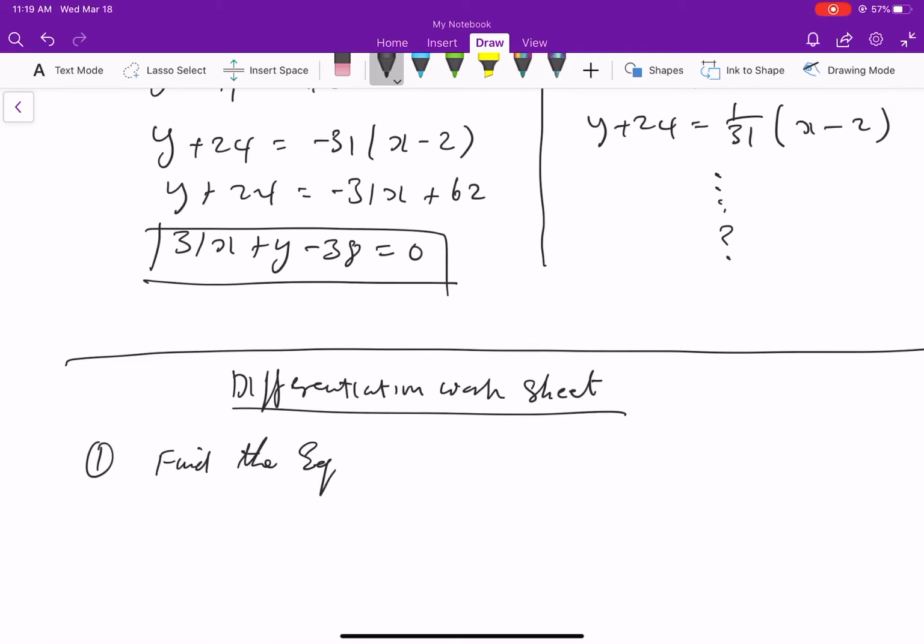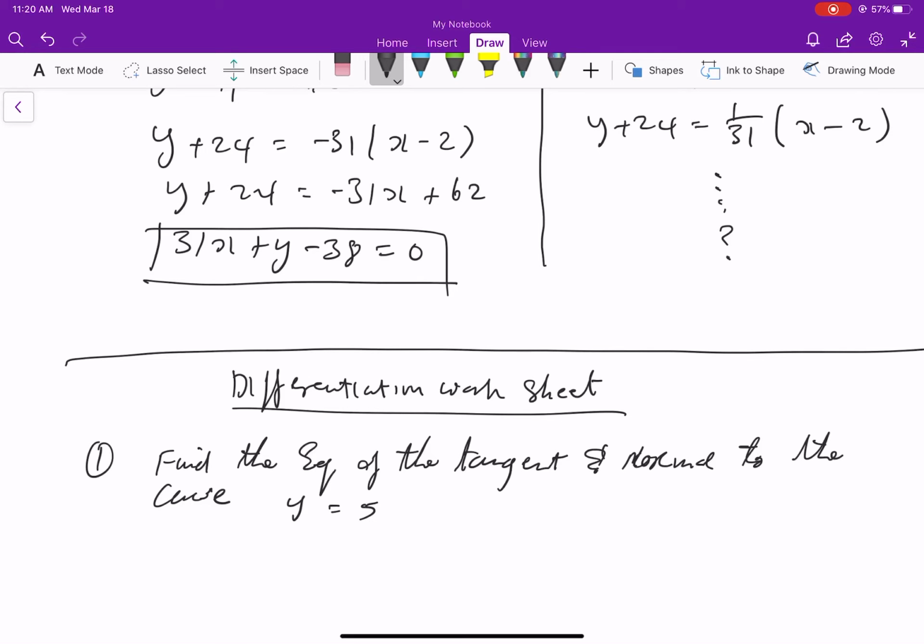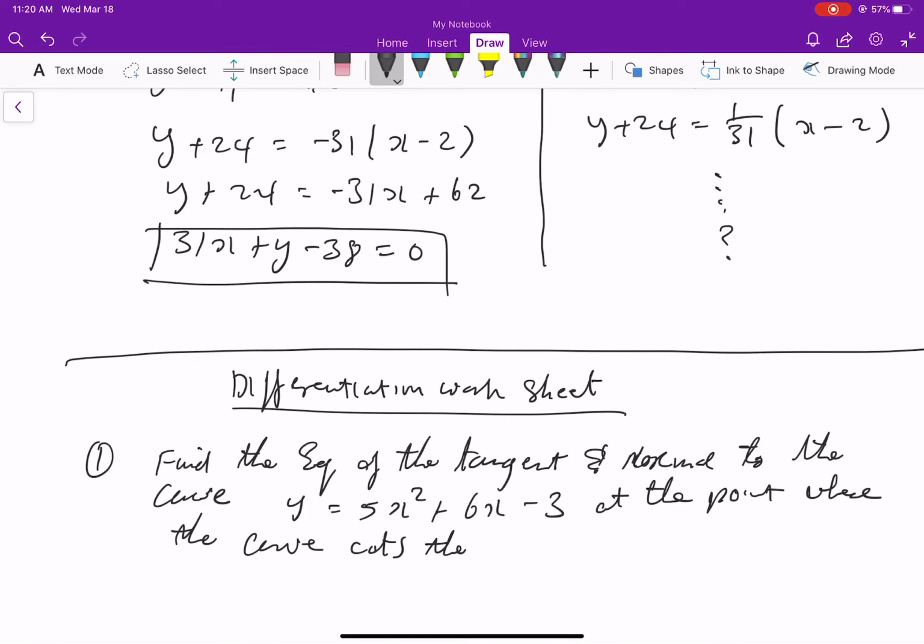Find the equation of the tangent and normal to the curve y is equal to 5x squared plus 6x minus 3, at the point where the curve cuts the y-axis.